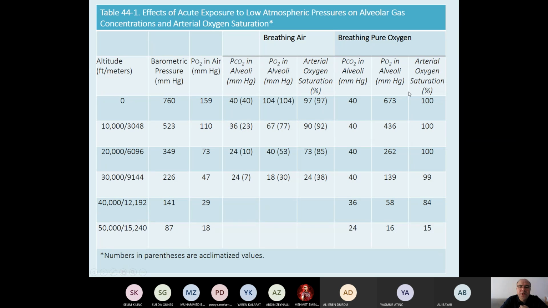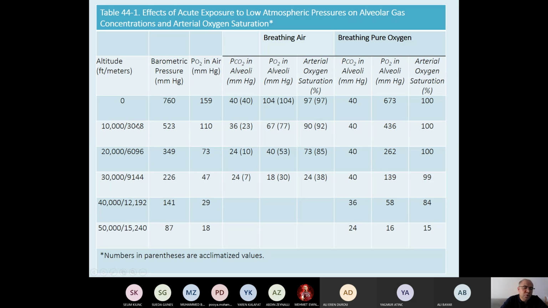If we breathe pure oxygen, in this case, you see the oxygen concentration in the alveoli, instead of 104, 673, and carbon dioxide is the same, and arterial oxygen saturation is 100%.